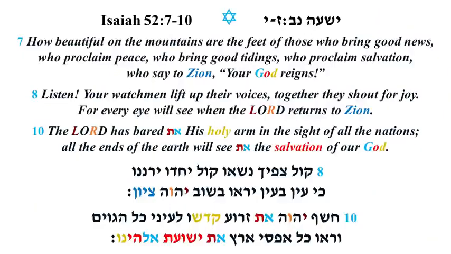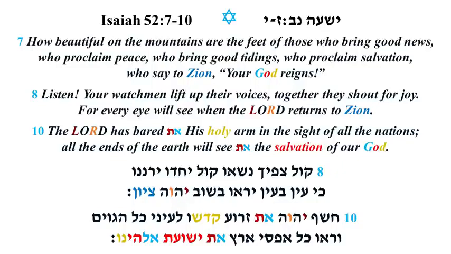Okay, Isaiah 52, starting in verse 7. I love this verse. How beautiful on the mountains are the feet of those who bring good news, who proclaim peace and bring good tidings, who proclaim salvation, who say to Zion, your Elohim reigns.